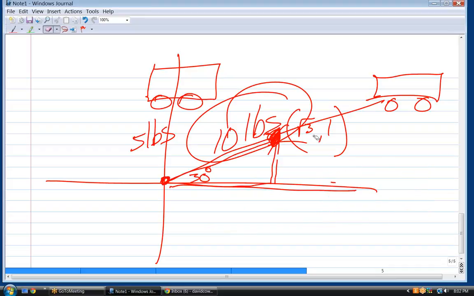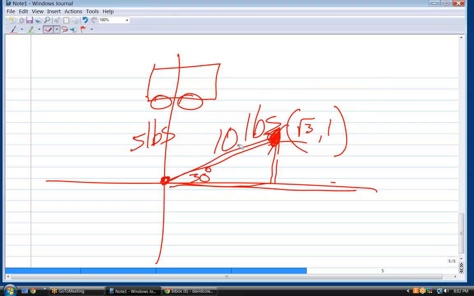In other words, I know that if I have a triangle like this, whose hypotenuse is 10, that's the force vector, then the sides of this triangle have to be 2 and 2 root 3, based on my 30-60 right triangle. Oh, excuse me, hold on. I got that wrong. This is 5, and this is 5 root 3.